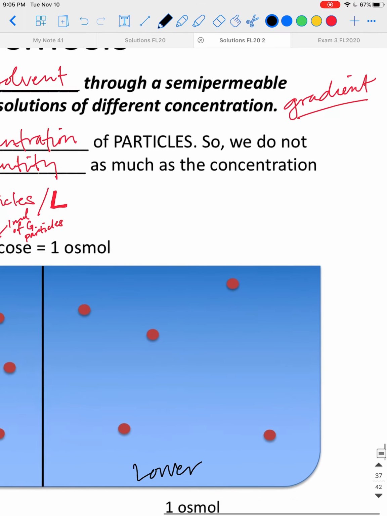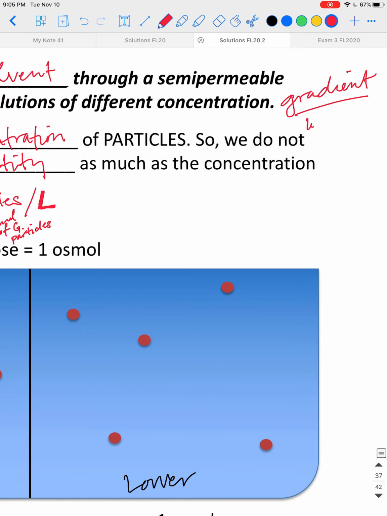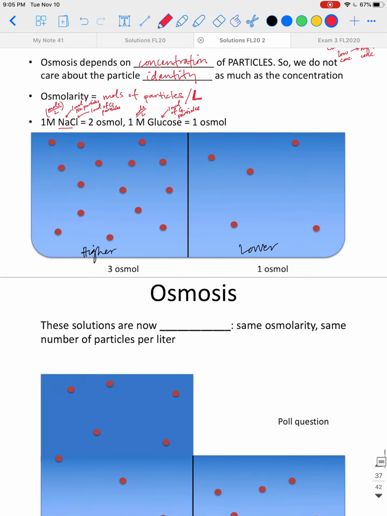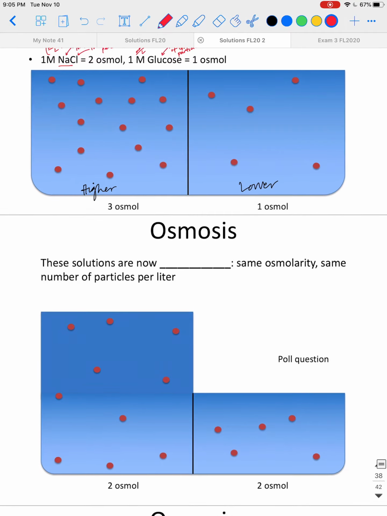So remember, solvent flows from low to high concentration. So if I ask you which way is solvent going to move to try to make the osmolarity equal, it would move this direction, across the membrane this way. The solvent would.